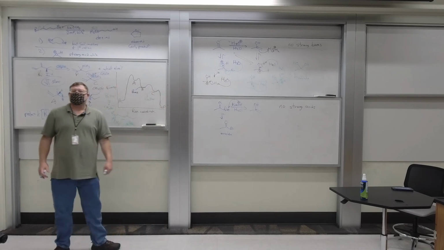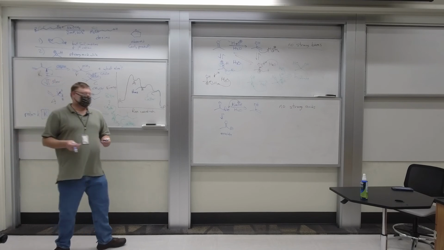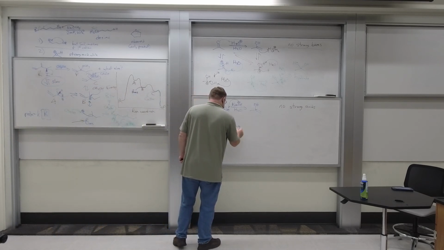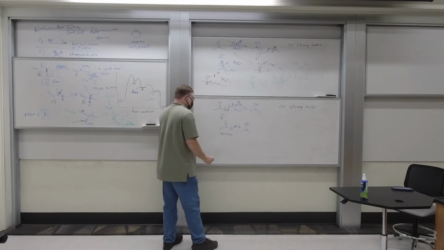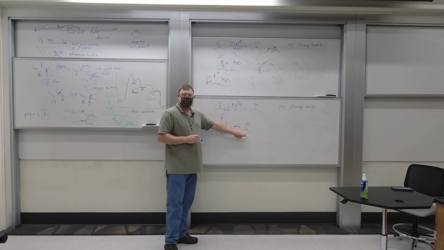Negatively charged carbon. That should jump out at you as being a really strong base. But it's resonance stabilized, which helps a little bit. And the enolate, actually, if you take a picture of it and measure bond lengths, it looks more like this. Taking a picture of it's really complicated.